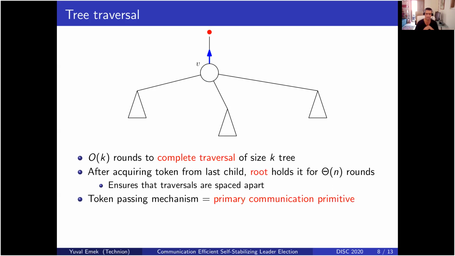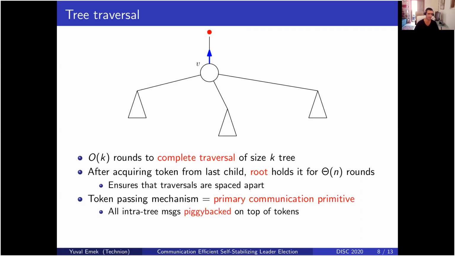Now, this token passing mechanism is actually the primary communication primitive of our algorithm. The algorithm is designed so that any message sent over a tree edge is in fact piggybacked with the token on top of a pass token message.